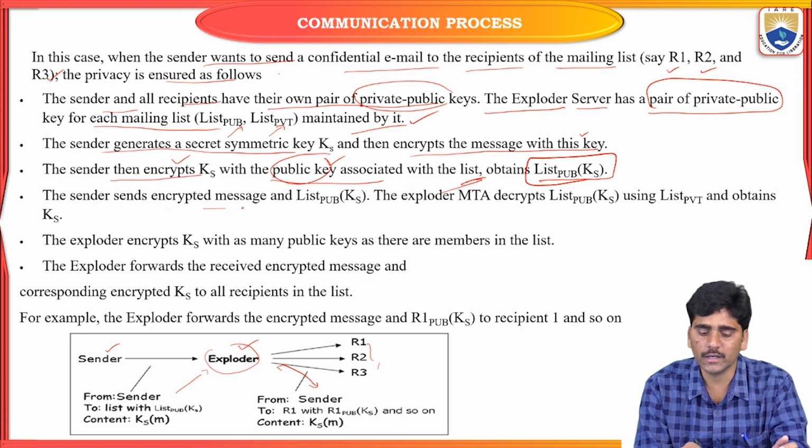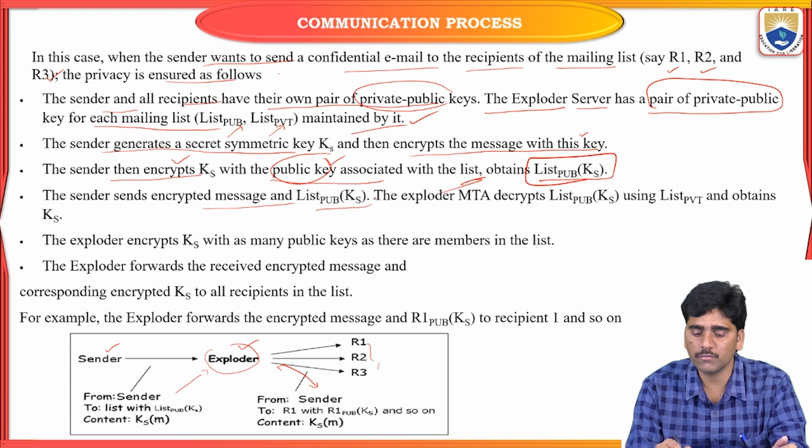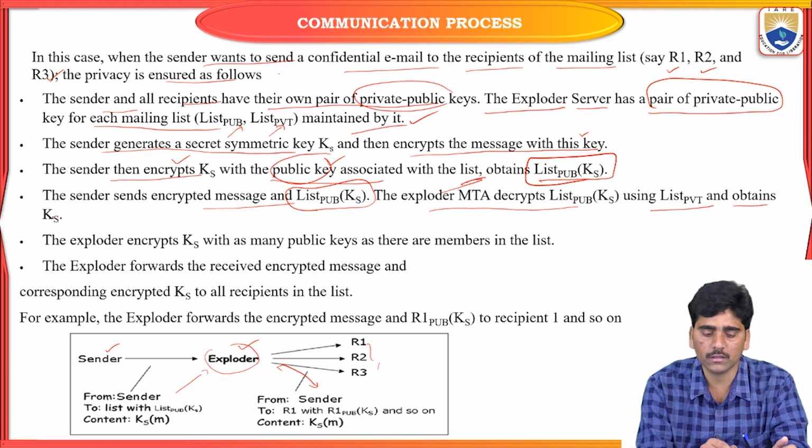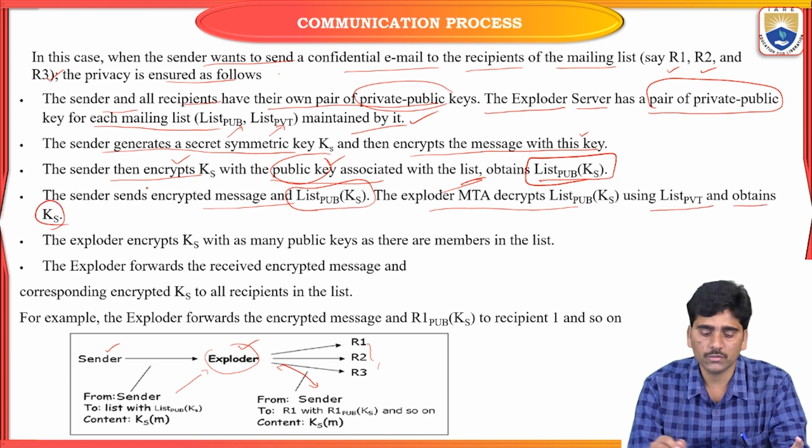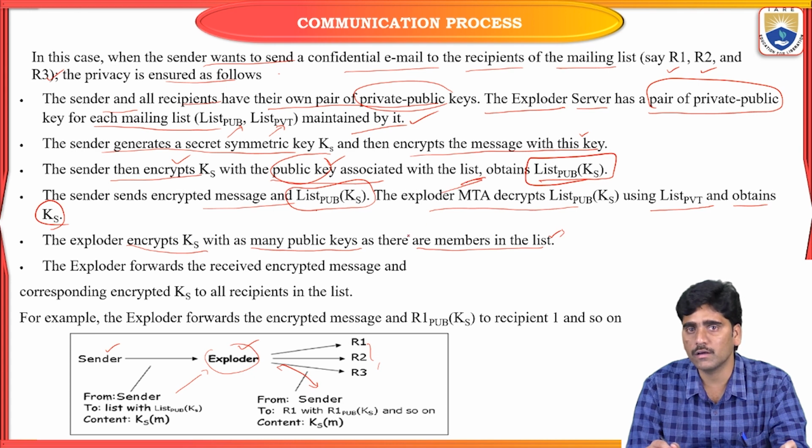Now the sender sends the encrypted message and the encrypted key. The exploder MTA decrypts it using the list private key and obtains the symmetric key. So the exploder encrypts KS with as many public keys as there are members in the list. So the MTA exploder can do the local encryption process, which is forwarded to the recipient side.